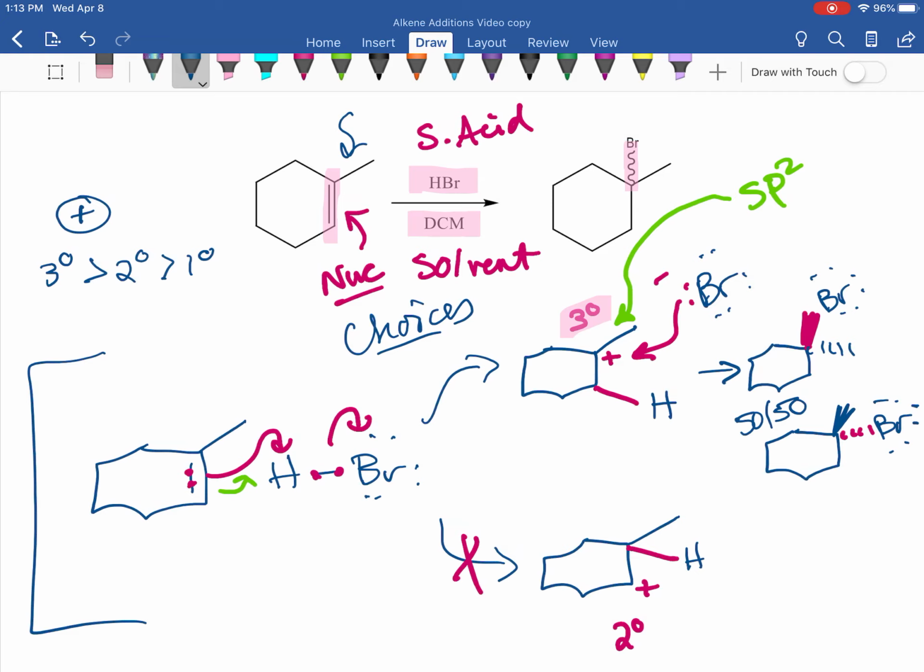So we will have 50-50 of that. Awesome. So we still have regioselectivity because we ended up adding that bromine on only one carbon of the double bond, not both. So that is regioselective, but it is not stereoselective. We have a racemic product, 50-50.